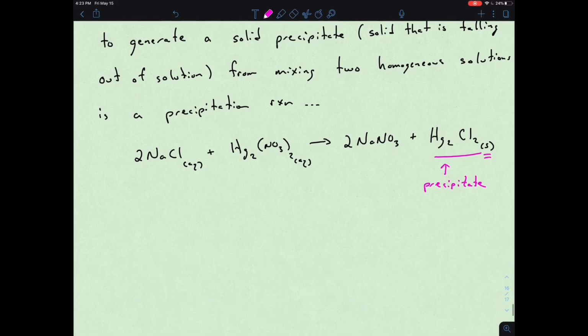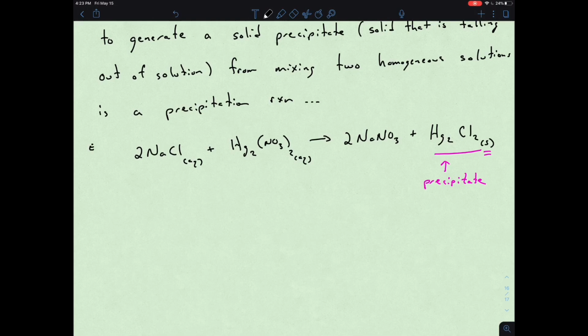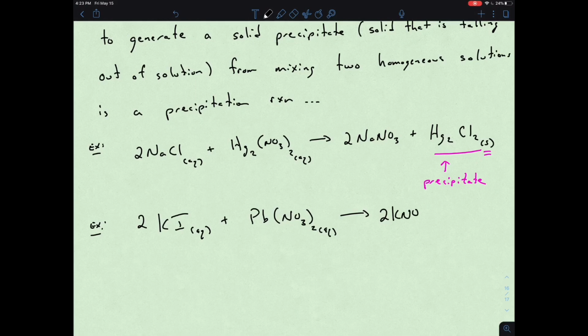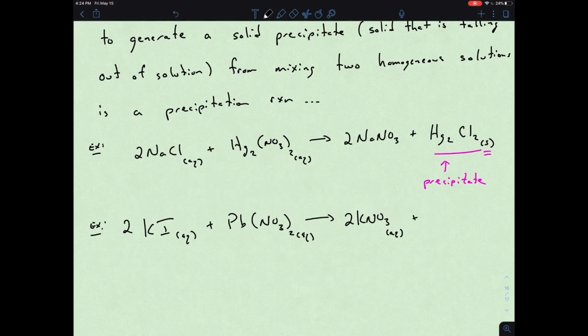A common example that is really just very, very colorful is looking at potassium iodide reacting with lead nitrate, or in this case plumbous nitrate, to produce potassium nitrate that's aqueous, and then a solid product with the lead, namely the lead iodide solid.